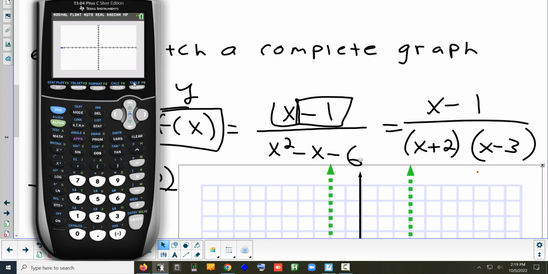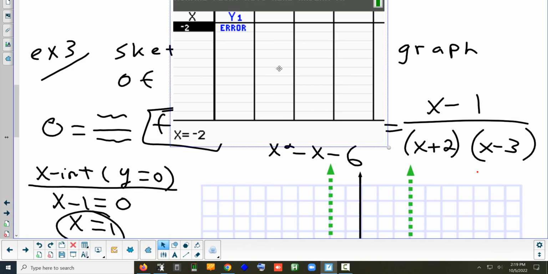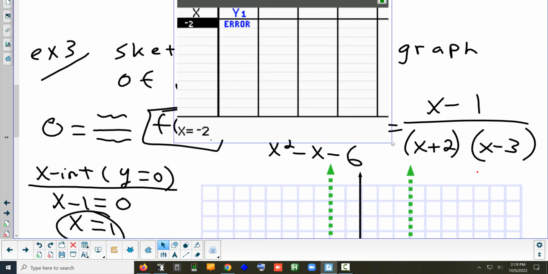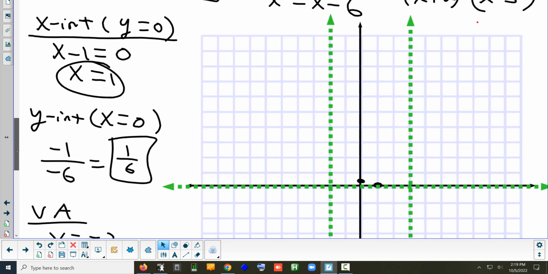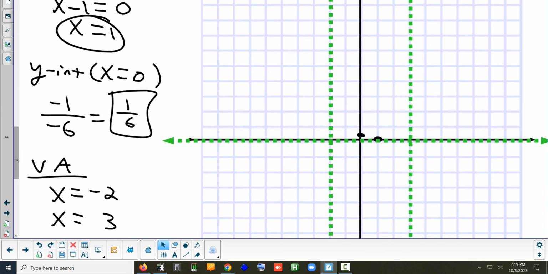Press second, press second, and then press graph. If you have any numbers there, you can get rid of them or you can just leave them. Doesn't matter. But if I try to type -2 in, it says error.